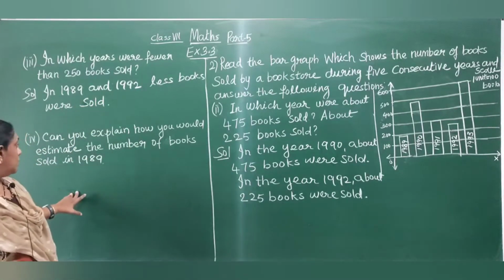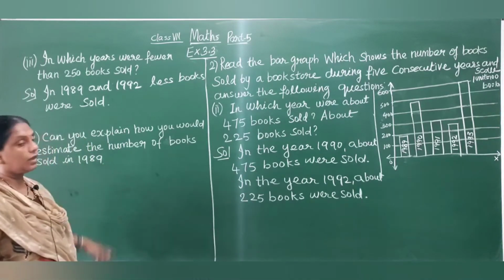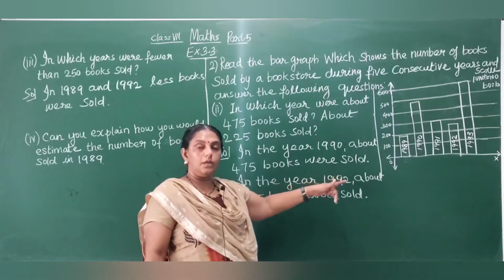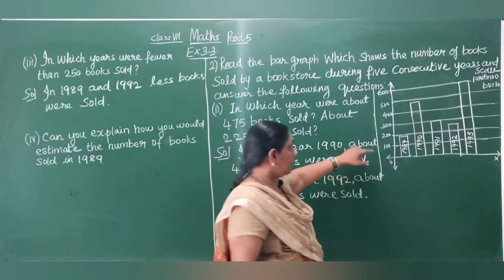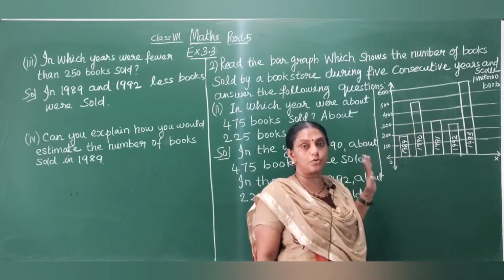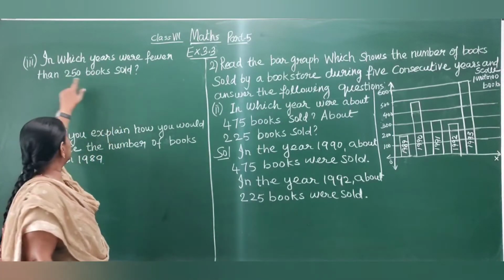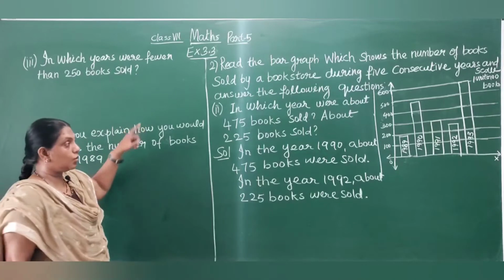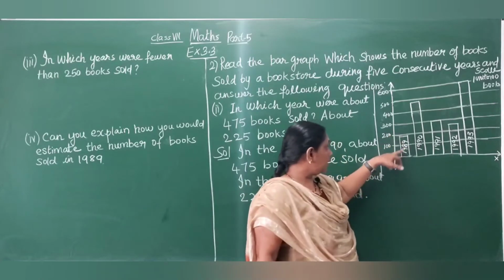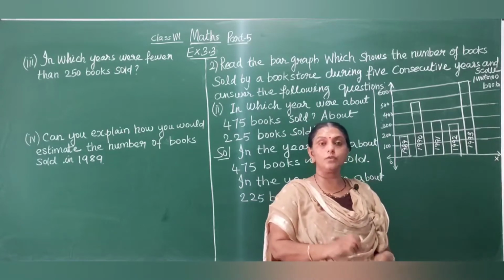Now the fourth one is, can you explain how you estimate the number of books sold in 1989? Here in the bar graph it is shown that the height from 0 to 100 is the unit, and 1 unit is 100 books. Again, question number 3: in which years were fewer than 250 books sold? 1989 and the next one 1992, where the books sold were 230.